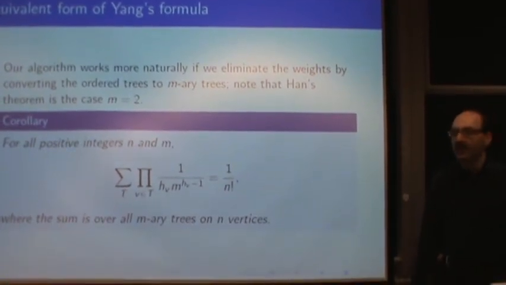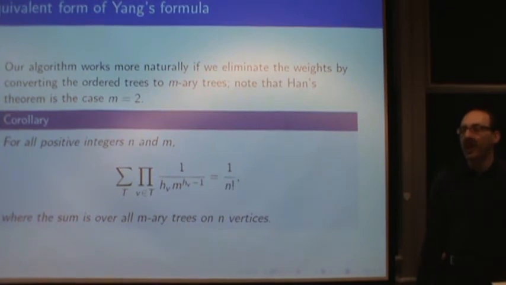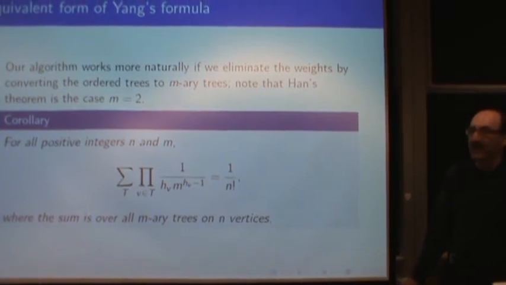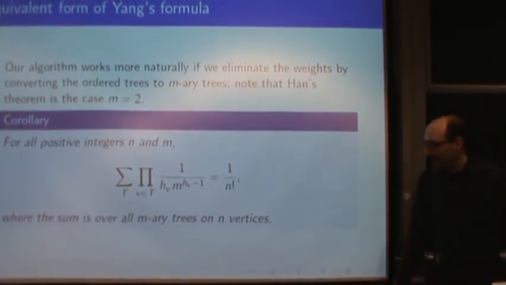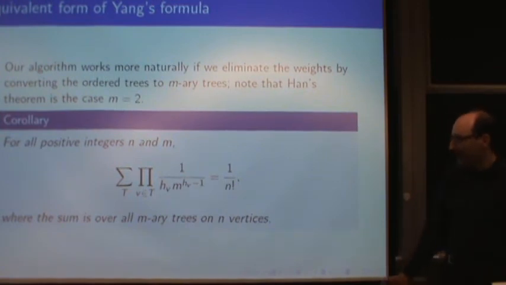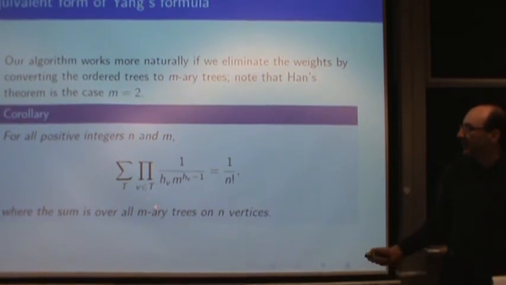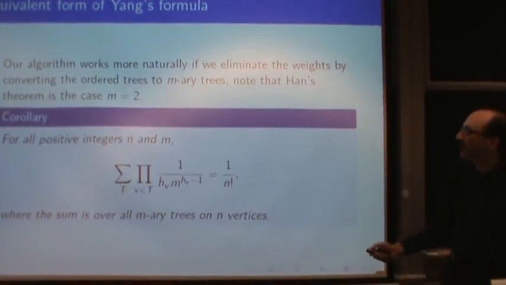But it works more naturally to make the ordered tree into an m-ary tree and generalize this to m-ary trees. Now, Han's theorem is the m equals 2 case. For all positive n and m, summing over all m-ary trees T, the product over all vertices of h_v to the m h_v minus 1 is 1 over n factorial.